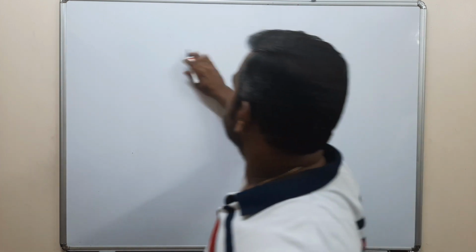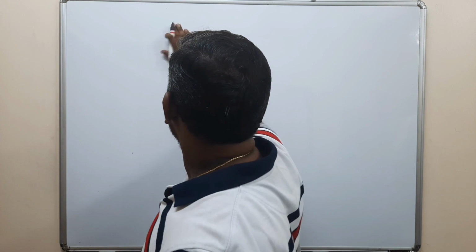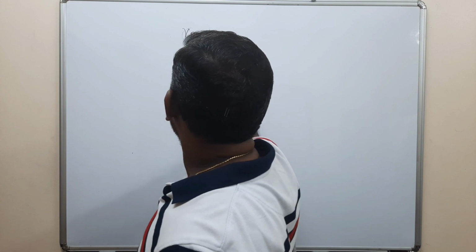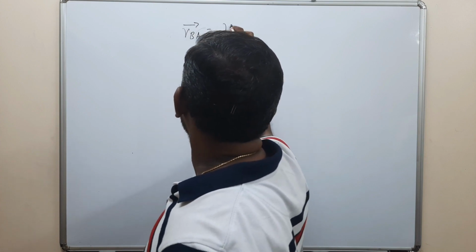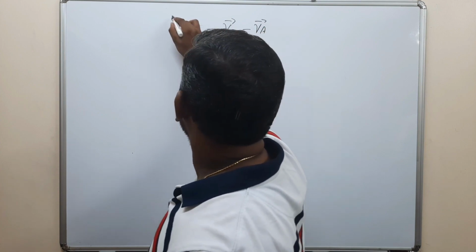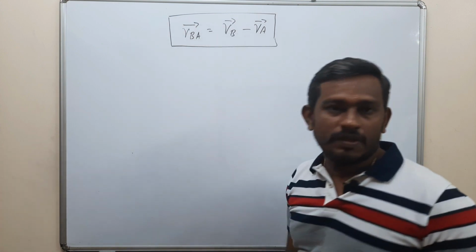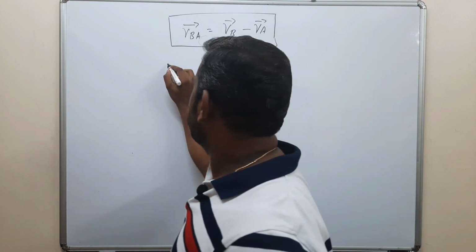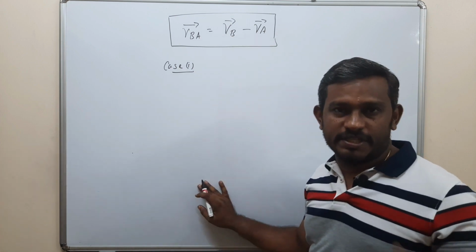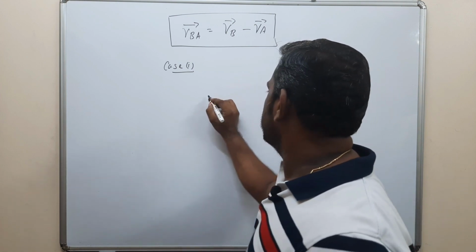So the relative velocity BA vector is equal to vB vector minus vA vector. Okay, so case 1: the two objects are moving along a straight line in the same direction.